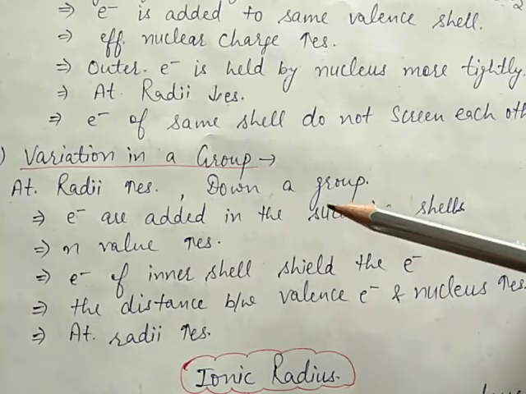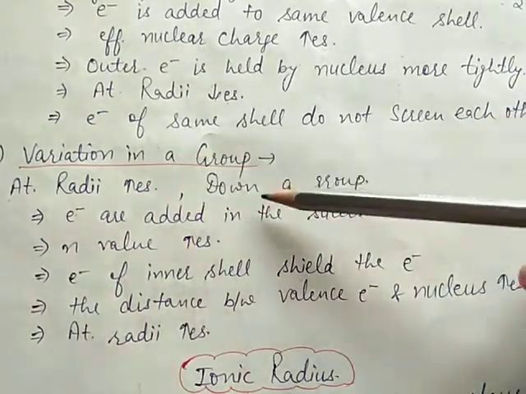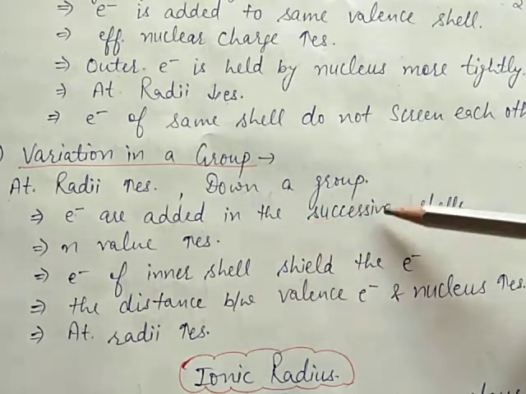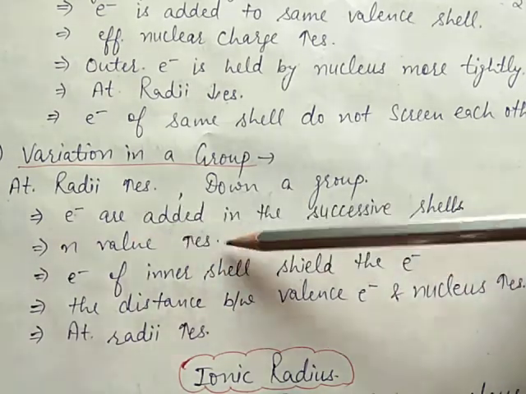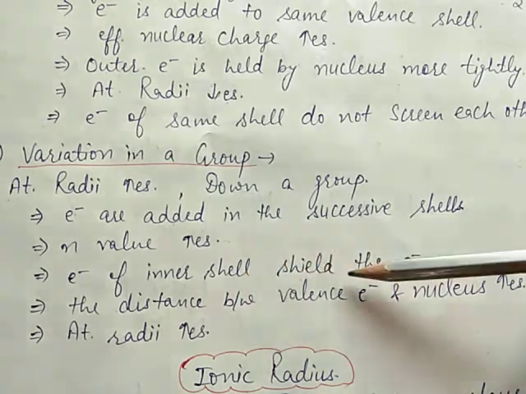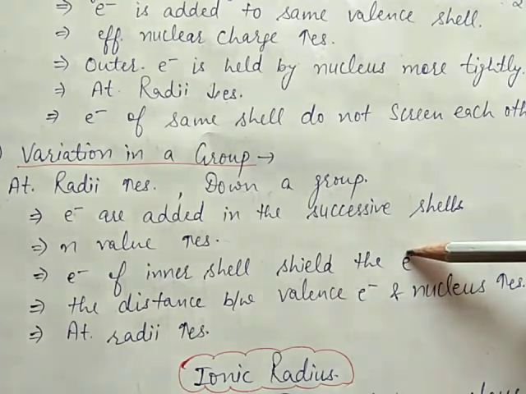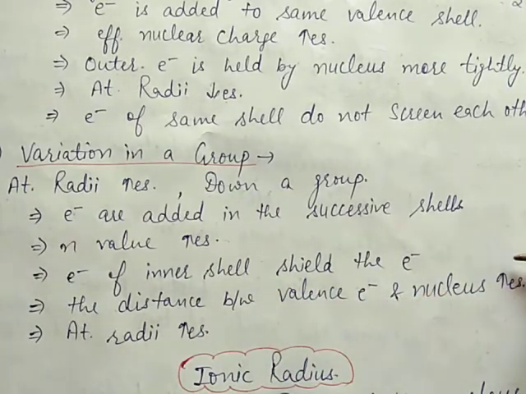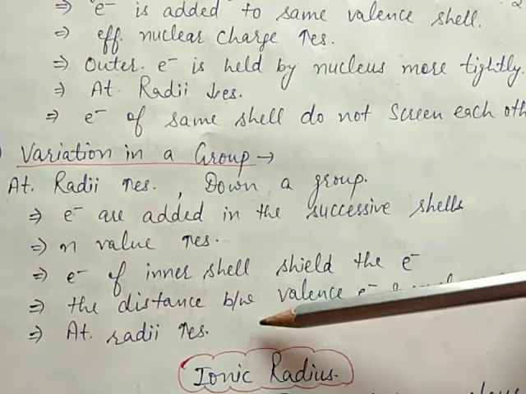Now next is variation in a group. Atomic radii increase down a group because electrons are added in successive shells. So the principal quantum number, the n value, increases, and the electrons of the inner shells shield the electrons of the principal energy level from the pull of the nucleus, due to which the distance between the valence electrons and the nucleus increases, and atomic radius also increases.